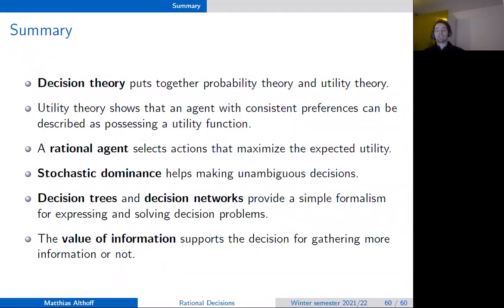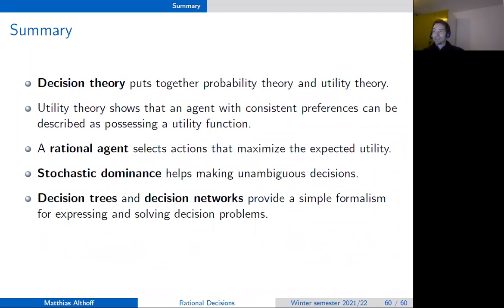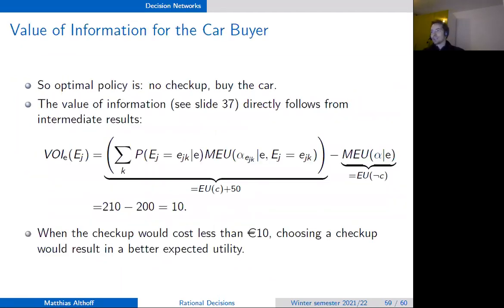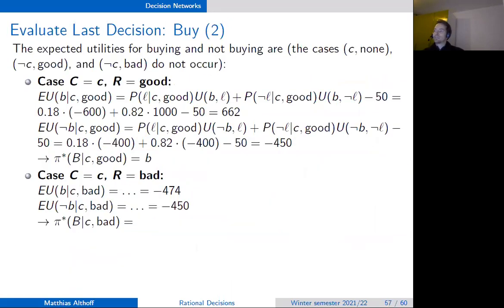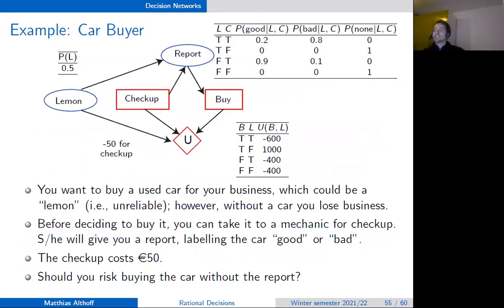So somebody wrote, buying a car that is faulty with 50% probability without doing a checkup does not really feel rational. That's correct, but you have to look at the numbers that were given. If you don't buy a car at all, you have really bad numbers, no matter whether it's a good or bad car.